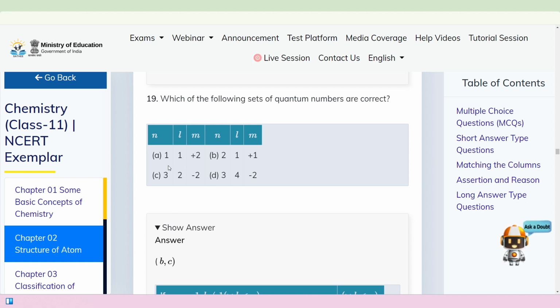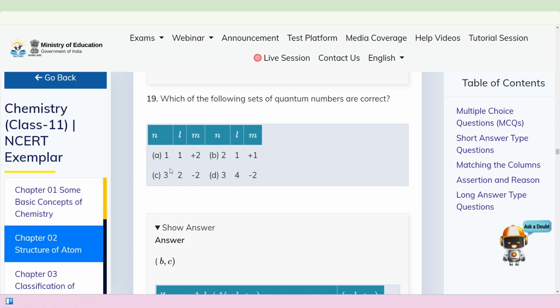What about option B? In option B, we have n value as 2, which means l value can be 0 and 1. So 1 is possible. Now for l value of 1, we can have m from plus 1 to minus 1. So this is correct, so B is correct. What about C? C has the shell number as 3. For 3, we have this 2.